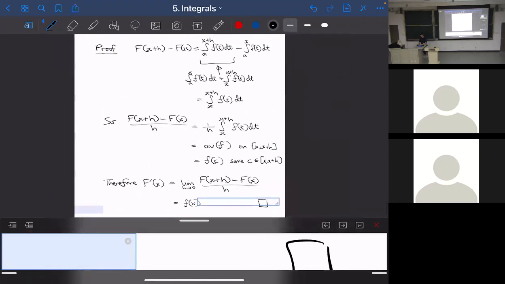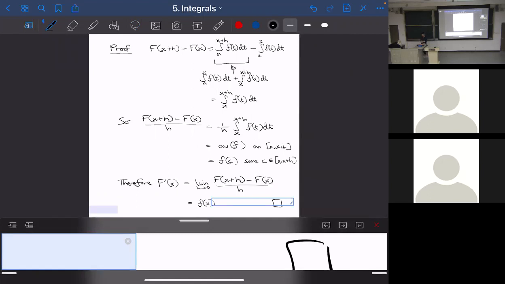Okay. So that is the proof of this part of the fundamental theorem.